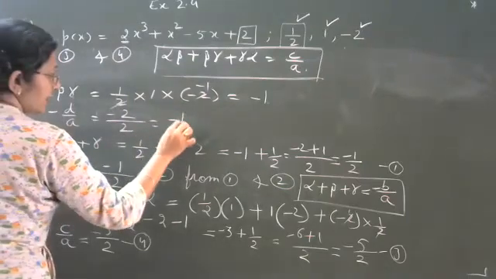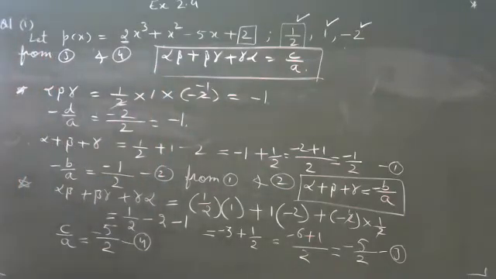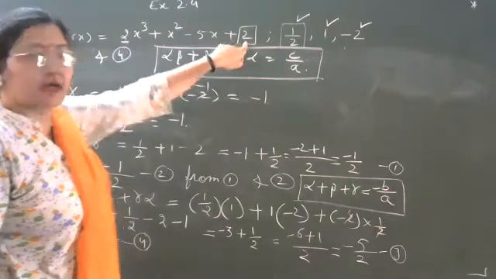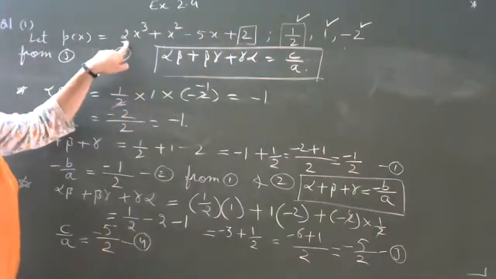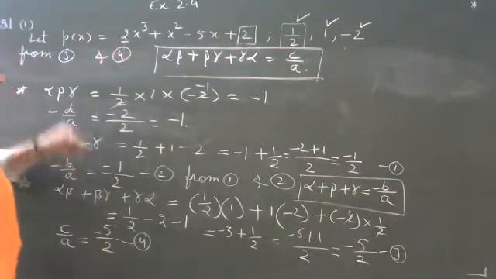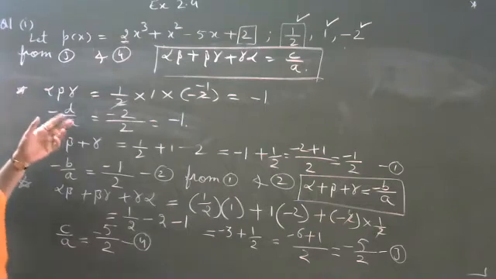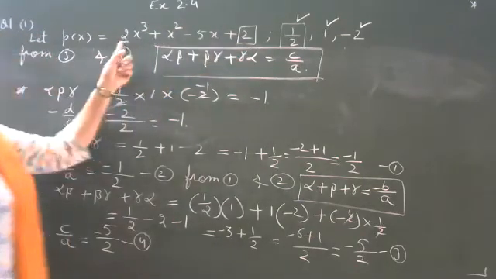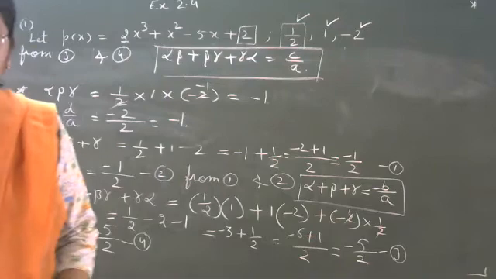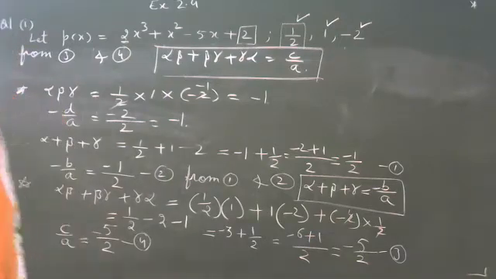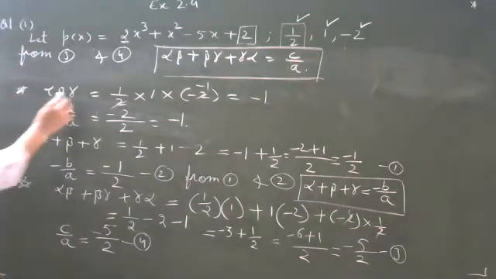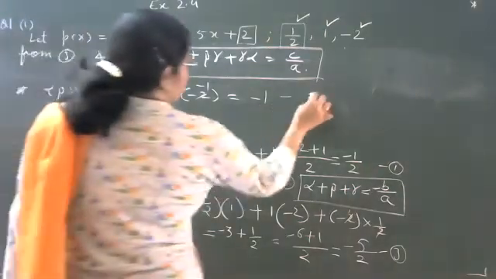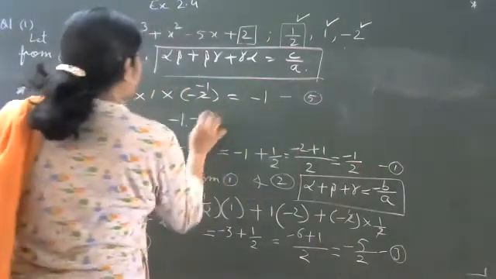It is minus 1. कई बुक्स में बेटा यहाँ पे d over a नहीं लिखा है, वहाँ पे डायरेक्ट लिखा है constant term divided by coefficient of x cube. तो आपकी मर्जी है, आप minus d over a लिखना चाहते हो या constant term divided by coefficient of x cube. Clear? Both the methods are equally right. So here again, let it be number 5 and let it be number 6.